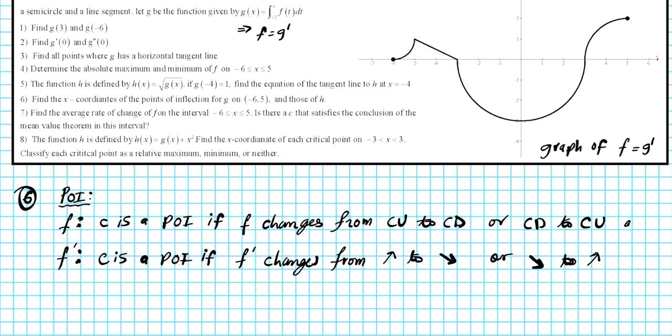So increasing and decreasing is when you're looking at the graph of the derivative. Concave up or concave down is when you're looking at the graph of the original function.